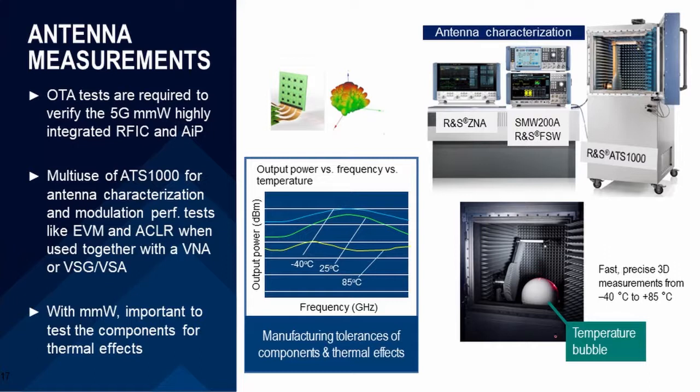So for that, the ATS 1000 chamber can be equipped with a temperature testing option. The white bubble that you see there, we call the temperature bubble, and it is made of Rohacell material, which is transparent to RF, which means your measurement values are not disturbed because of the temperature bubble inside the chamber.